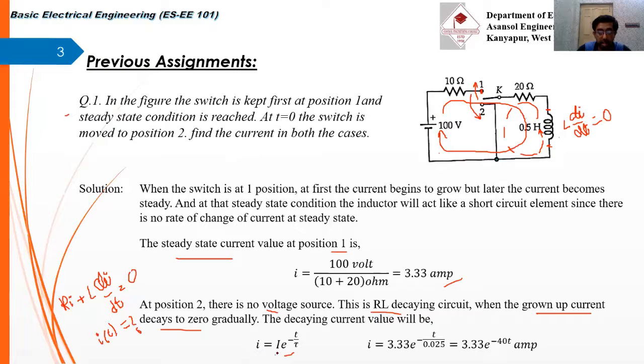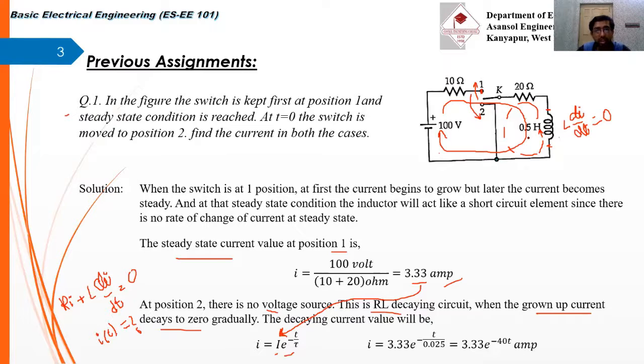What is this capital I? This capital I is the previous steady state value, that is 3.33. We put this value for I. And what is the tau value here? When it is moved to position 2 in this circuit, 20 ohm is R and L value is 0.5.